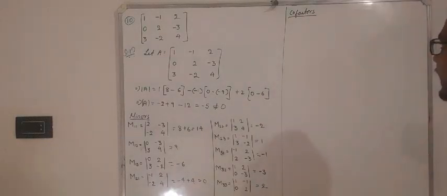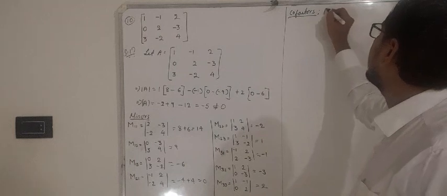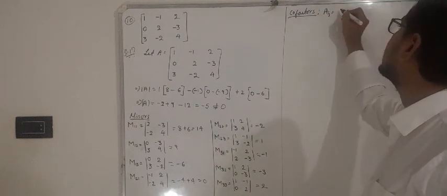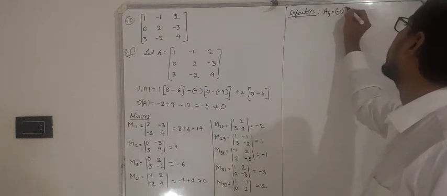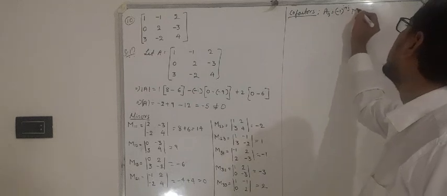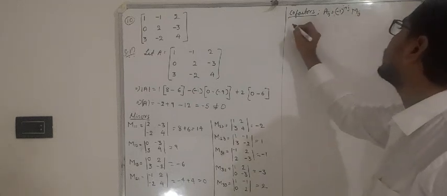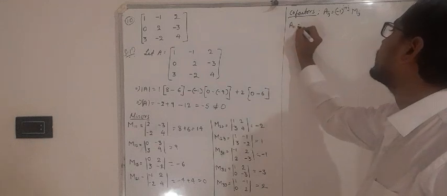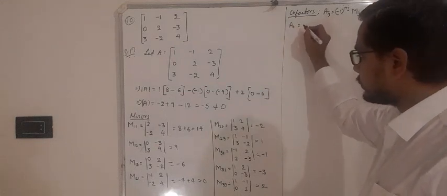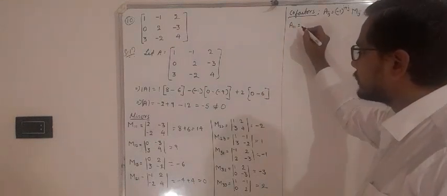Finding out the cofactors. Directly I will write aij is minus 1 to the power i plus j into mij, right? So a11 is, we got 14 there, right?